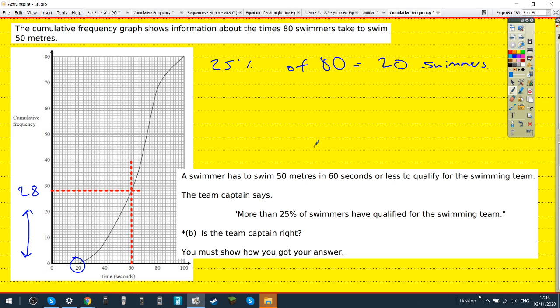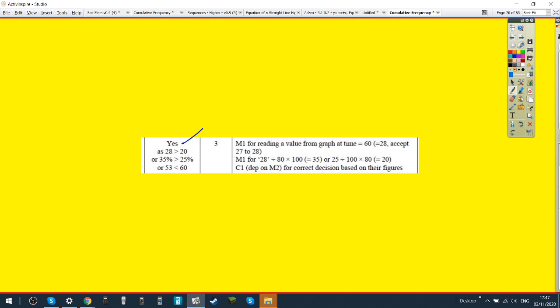And so, is he right? Yeah, he's right. Yes, 28 is more than 20. He said more than 25%, so that's more than 20 swimmers. Yeah, it was 28, and 28 is bigger than 20.